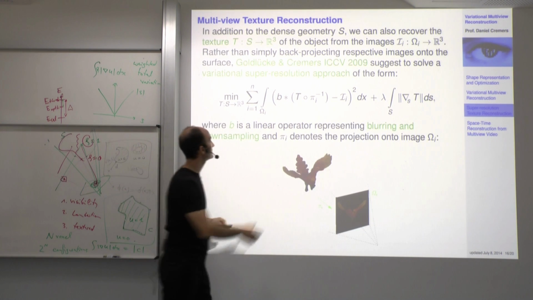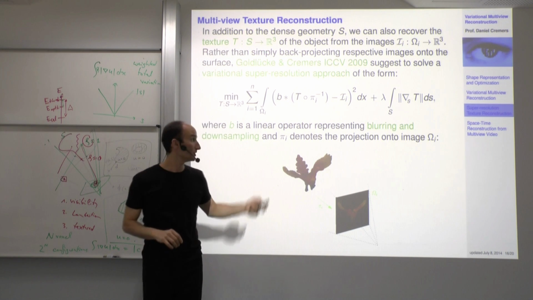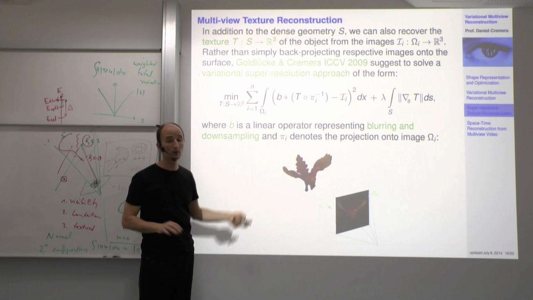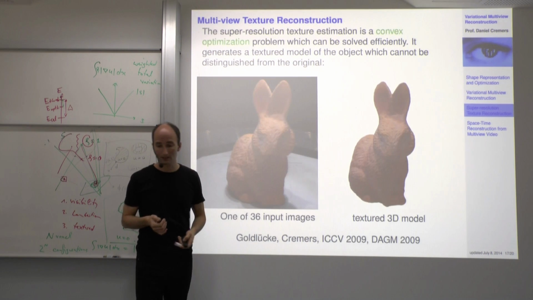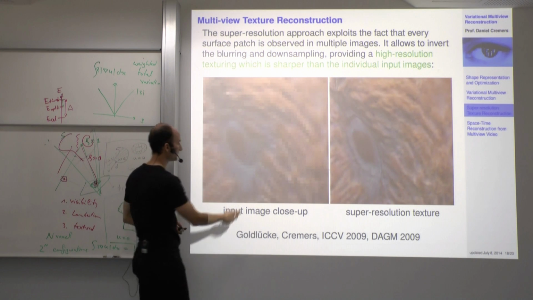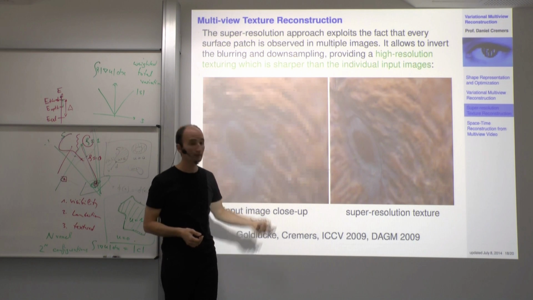Why? Because we have this blurring and downsampling that we model here. And we use multiple images, and we can invert that blurring and downsampling.